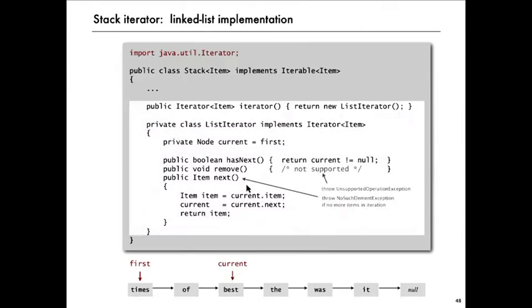If the thing is a linked list, we're going to start out at first, that's our first item in the list, and we're going to maintain an instance variable current inside this iterator, which is the current thing that we're iterating. To get the next one, just like when we removed the first, we pull out the current item, then advance the current reference and return the item, moving current to the next place.